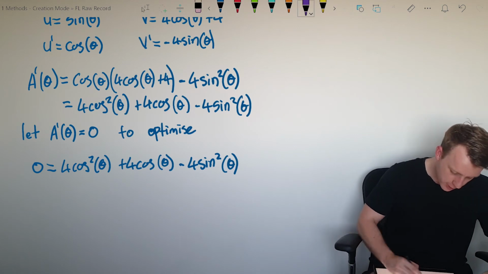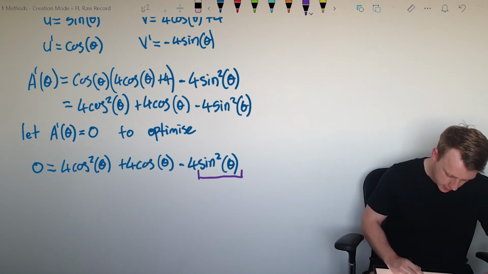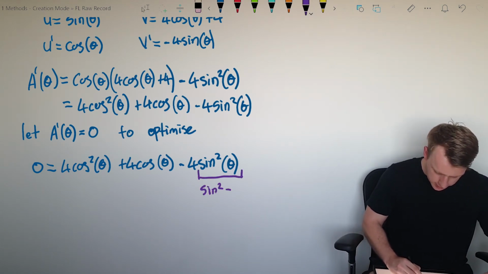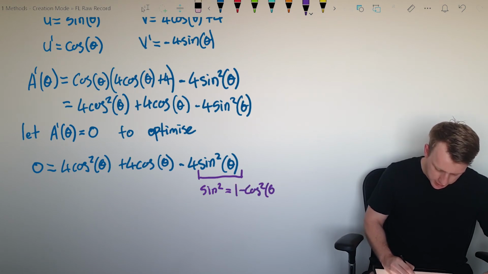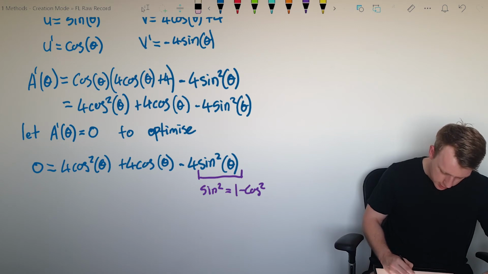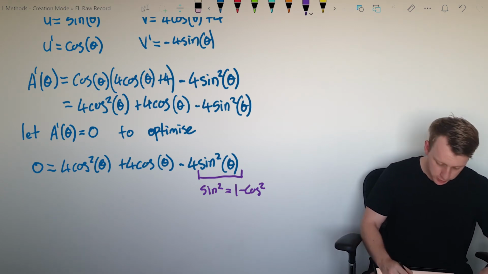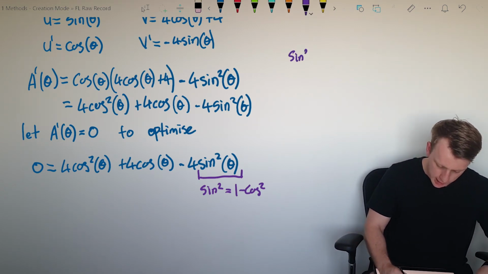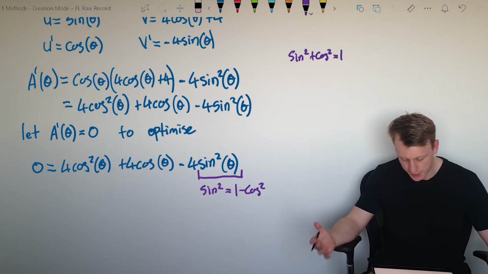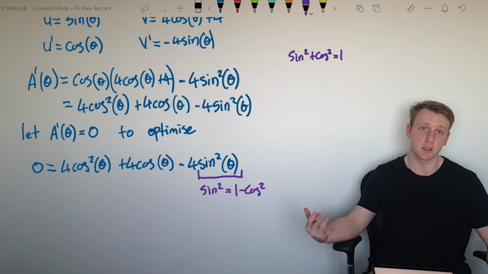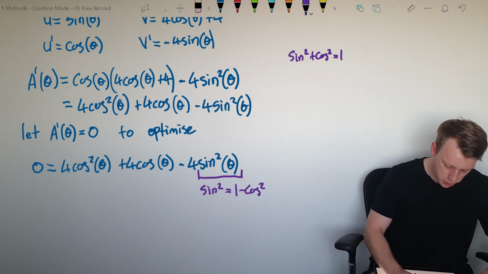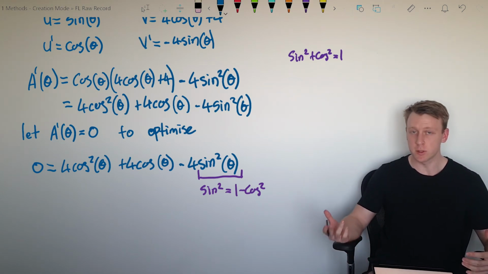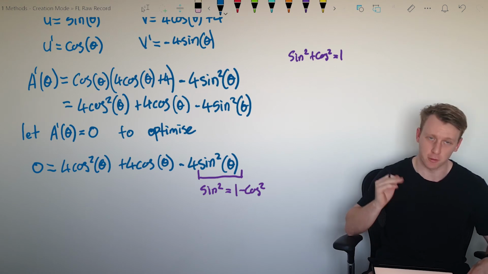But what we can do is spot that sine squared is equal to 1 minus cos squared. And this is the Pythagorean identity where we say that sine squared plus cos squared equals 1. And so we can rearrange that and say sine squared is actually equal to 1 minus cos squared. When I make this substitution, I'm going to actually be able to solve this because I can factorize.